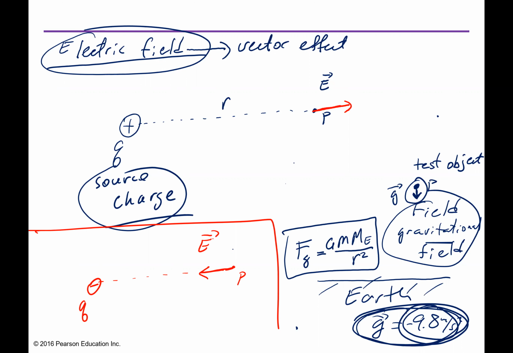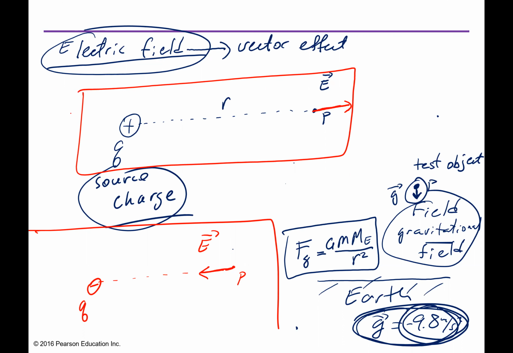Remember, the electric field is different from the gravitational field, which always points toward Earth because it's attractive. Electric interaction can be attractive and repulsive. Whenever your source charge is positive, the electric field anywhere around that source charge, say at P prime, will be in a different direction compared to the previous point, because it's always radially away.